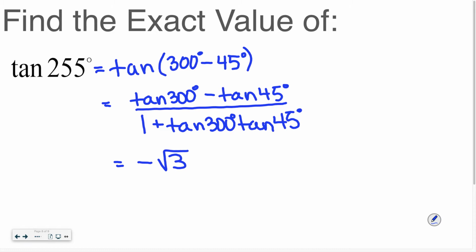Since we are in the 4th quadrant, the tangent would be negative radical 3. The tangent of 45? Yeah, that's nice. Over 1. This would be negative radical 3.